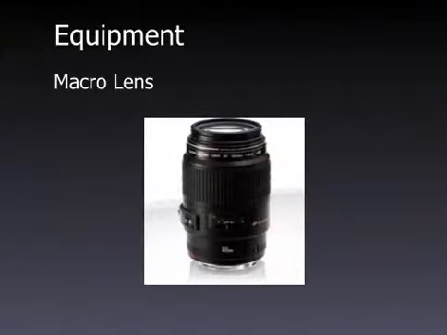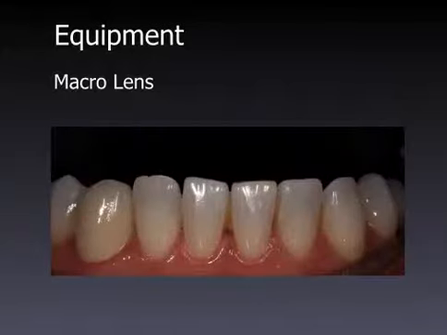Next we come to the macro lens. Ideally I would suggest a 100 or 105 macro lens because it allows us to get very close and pick up a lot of detail. If you use a smaller lens, like a 50mm macro, you can't capture as much detail.